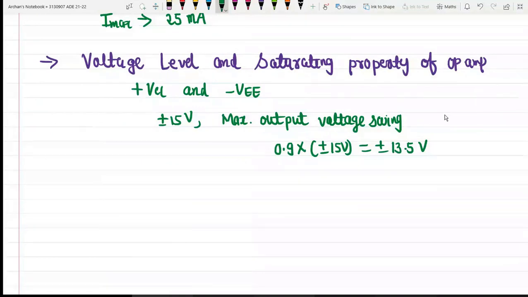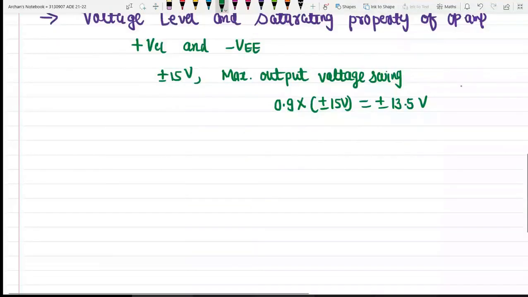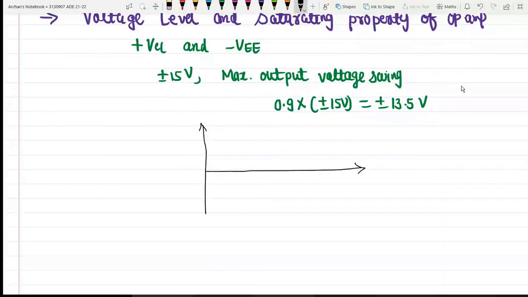and minus VEE level. If we talk about the output voltage now, this is my 0 DC level, and this is our input signal.